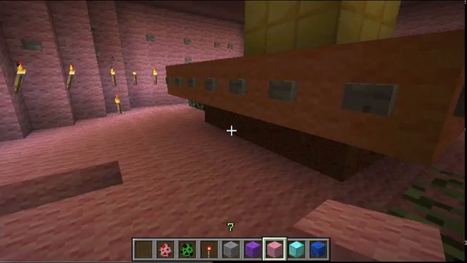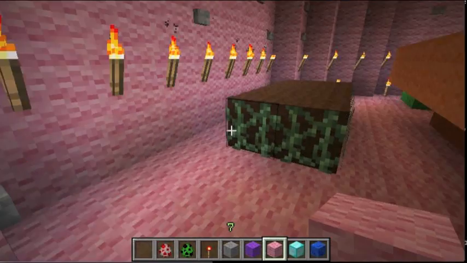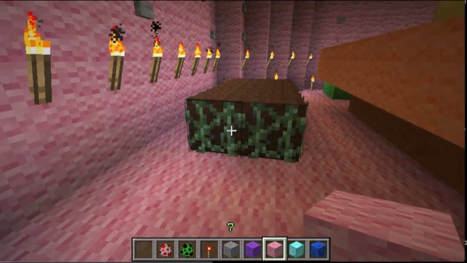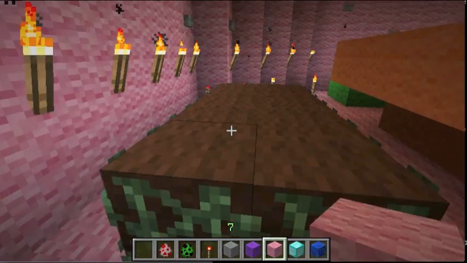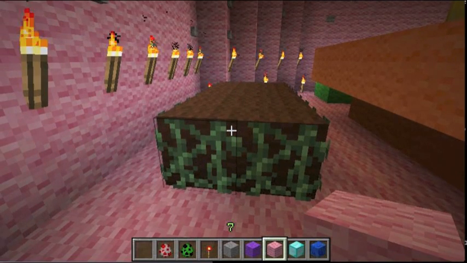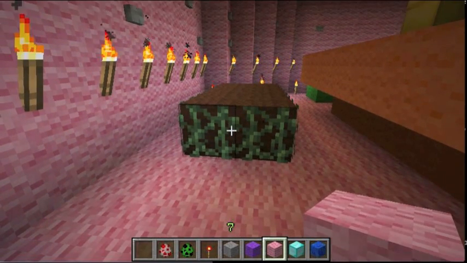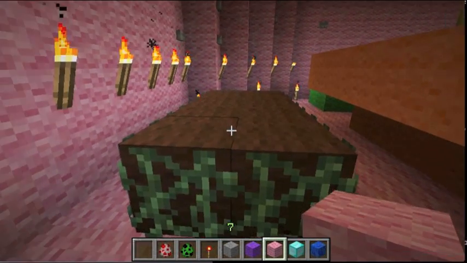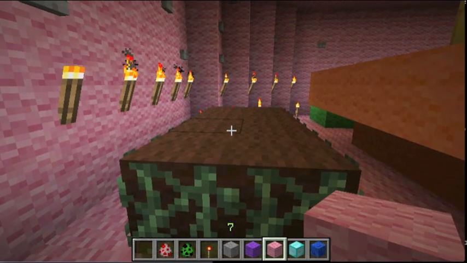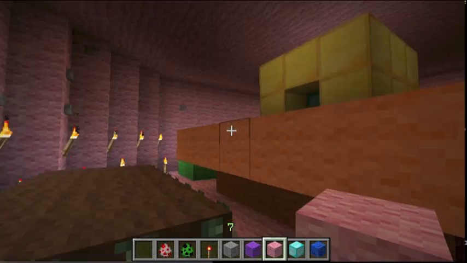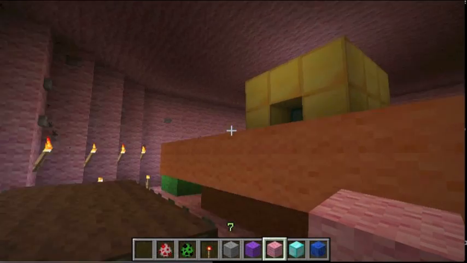Next is the mitochondria. This is what actually powers the cell. So this would be kind of like the digestive system and the heart at the same time. The heart and the brain are both very important.